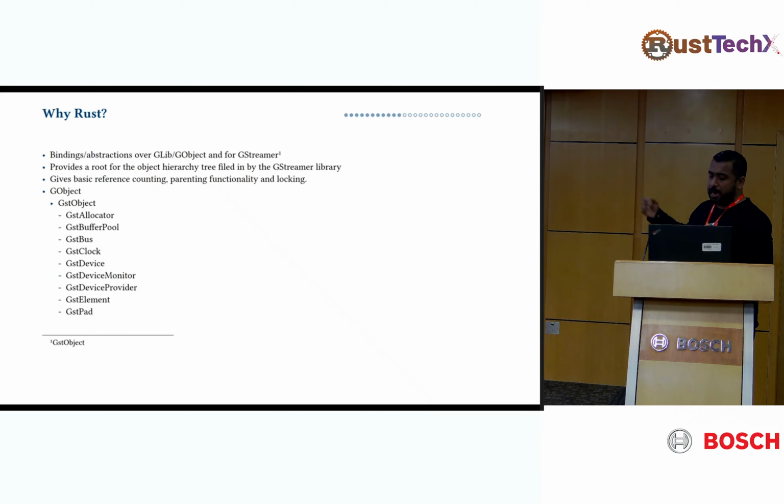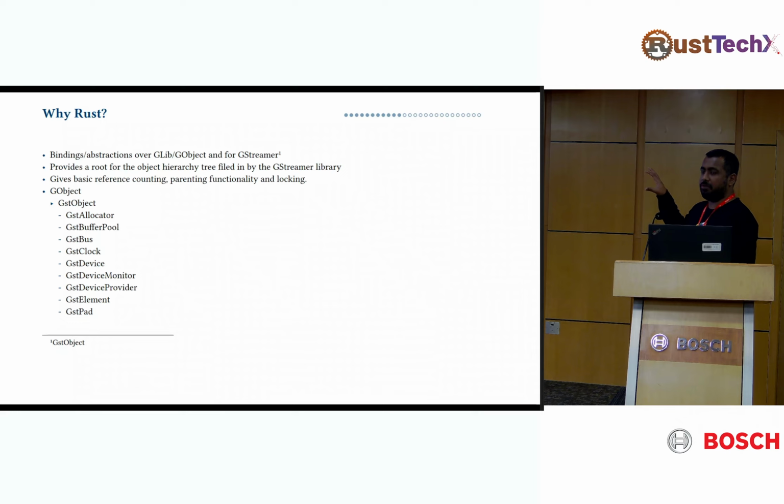Then the other part is that GStreamer primarily started back in 2000, and it has all been C primarily. If you write that C code, a lot of the time you have to work around with references. GObject has reference counting capability. So you take care of reference counting by calling ref and unref. When the ref count goes to 0, it will be freed.